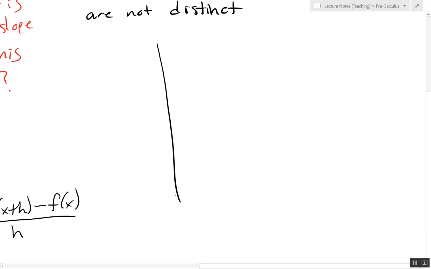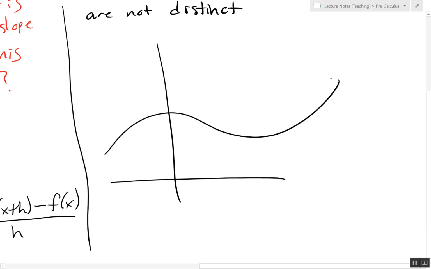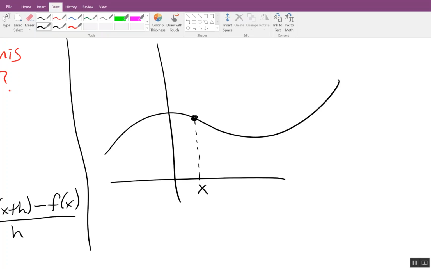We have some generic function here, and we have some point here, x, and our h is 0, so our second point is also x as well. So we're looking for a line that just touches at that single point.